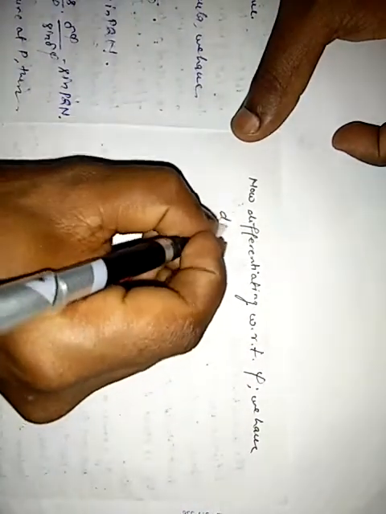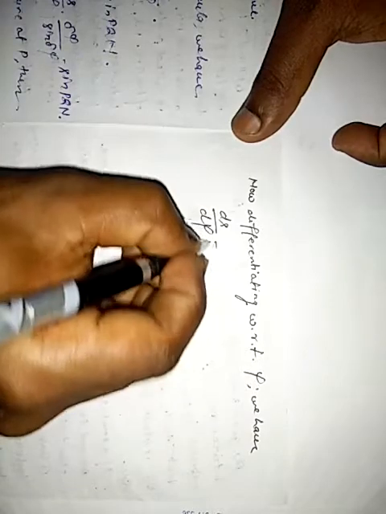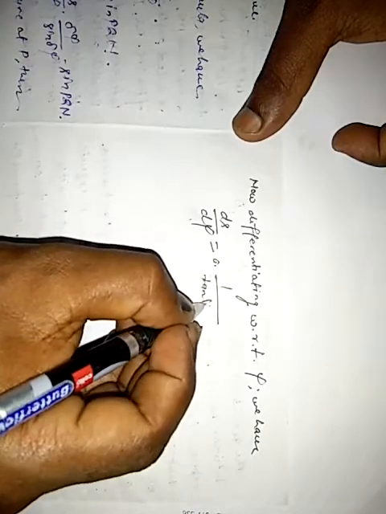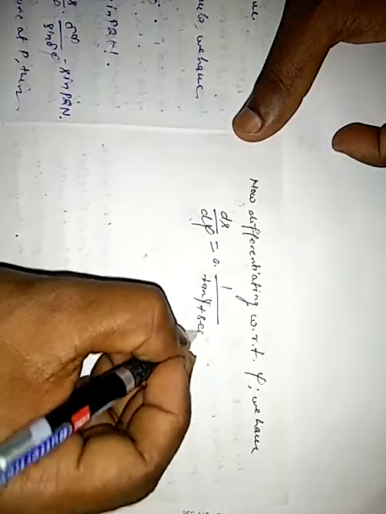We have ds upon d psi is equal to a into 1 upon tan psi plus sec psi, into the derivative of tan psi plus sec psi, where the differentiation of tan psi is sec square psi, and the differentiation of sec psi is sec psi into tan psi.